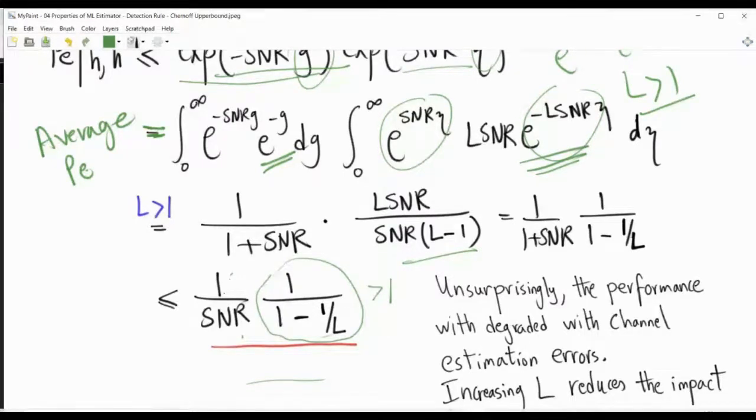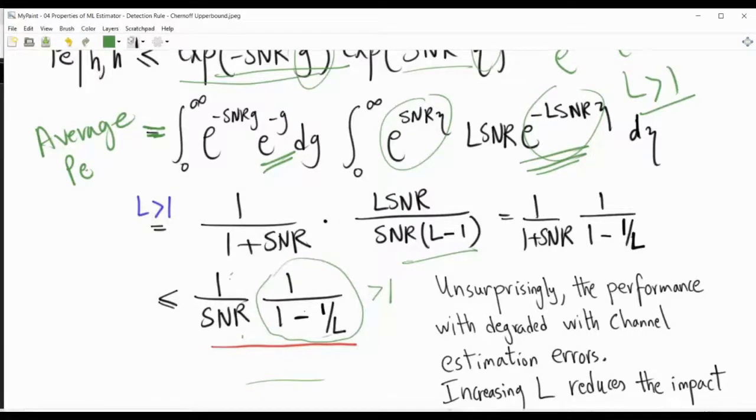Okay, so definitely you want L to be sort of large, such that this is reduced. But there is a problem. If you increase L to reduce the negative impact of channel estimation errors on the average probability of error, you are reducing the transmission rate.